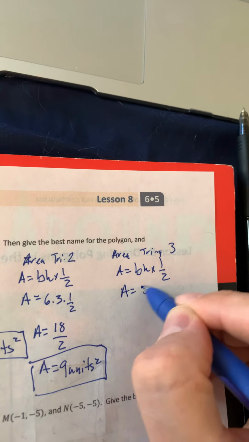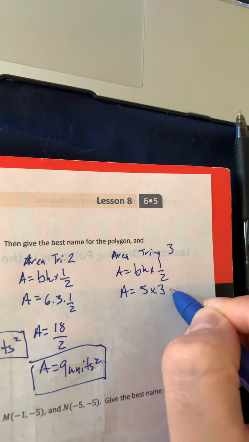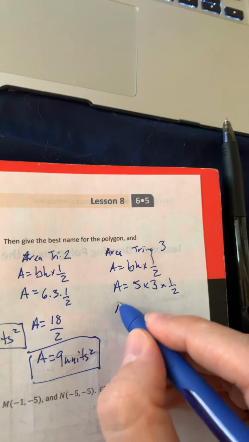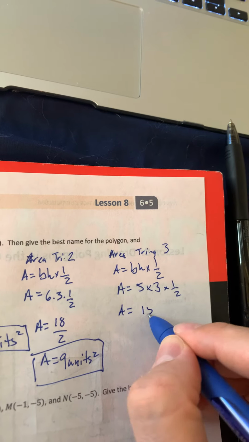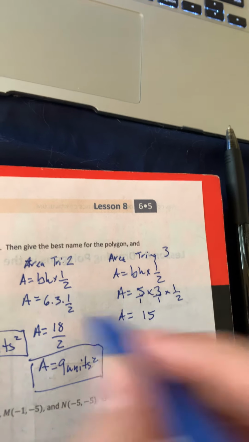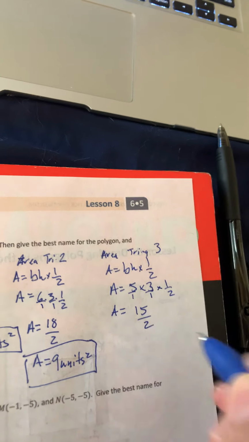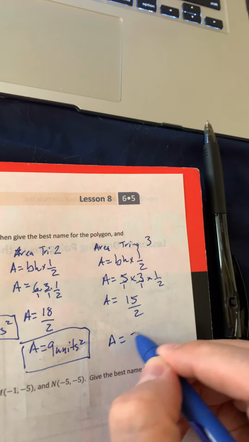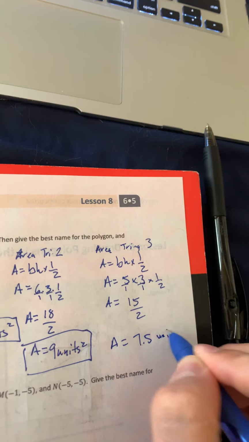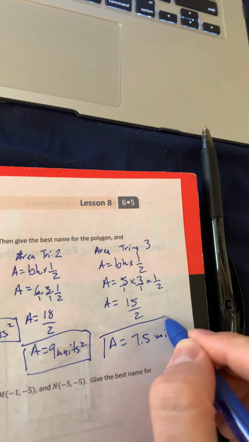Base 5, height 3, times 1/2. Multiplying across, 5 times 3 is 15, and 1 times 2 is 2. And 15 divided by 2 is 7.5 units squared.